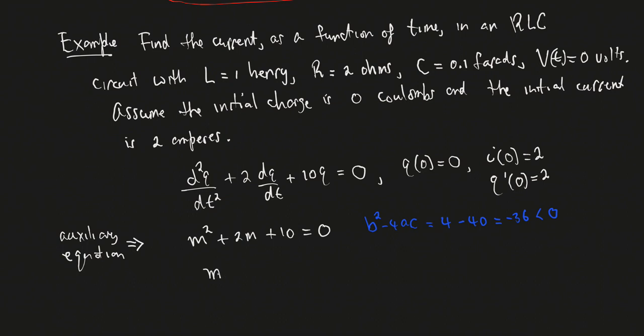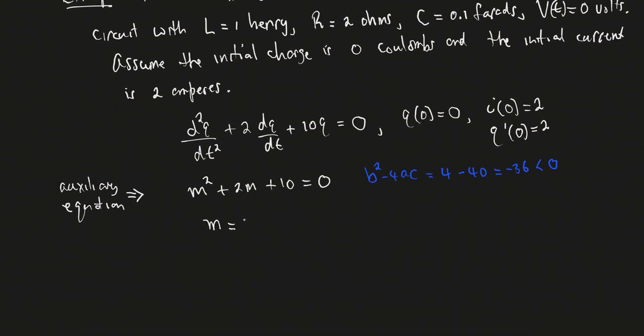Now let's set up our quadratic formula to find those complex conjugate roots. So m is negative b, so minus 2, plus or minus the square root of negative 36, and then this is all over 2a, so that's just 2.